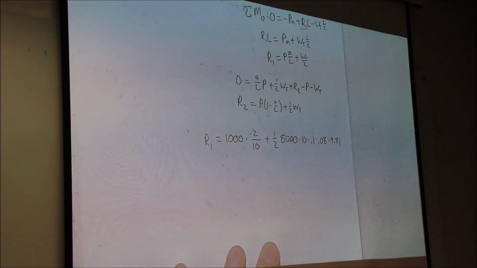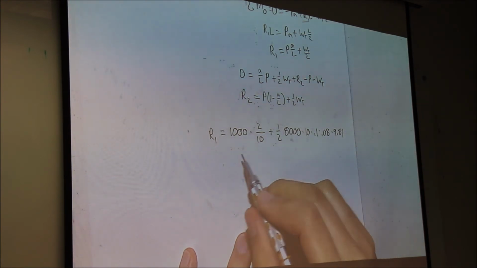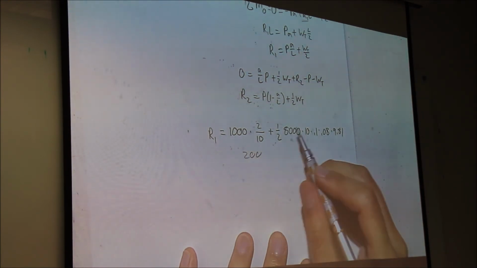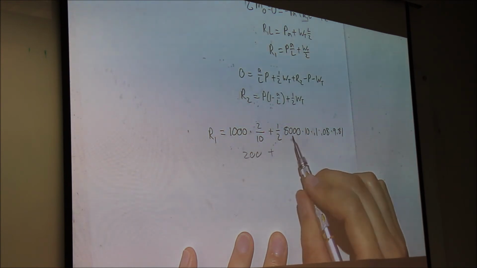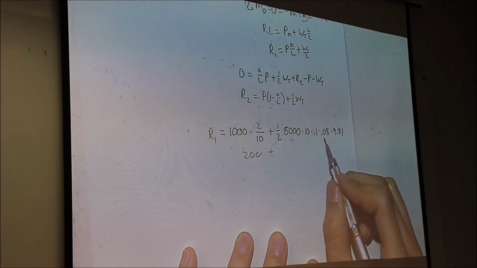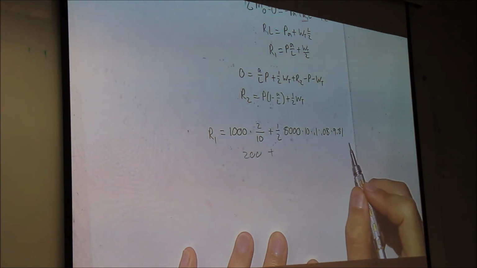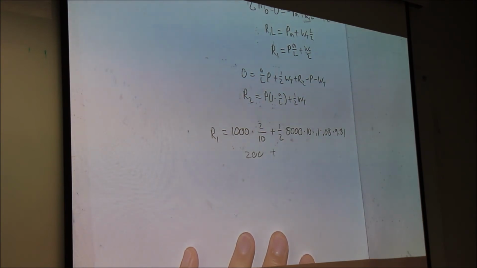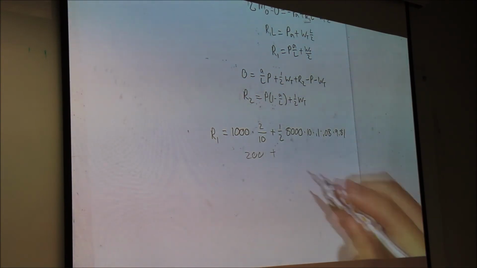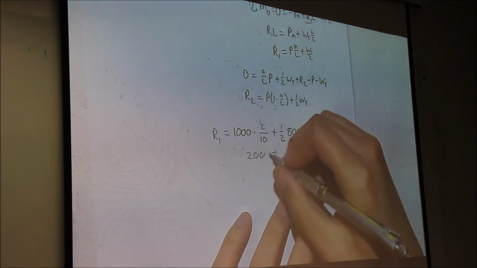Does anyone have a calculator that cares to do that? This is like 200, this is 4,000, this is like a tenth, this is like 10. So I'm going to guess it's around 4,200. How close am I? 3,339.2.